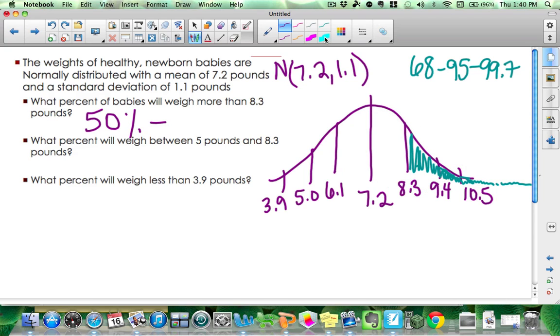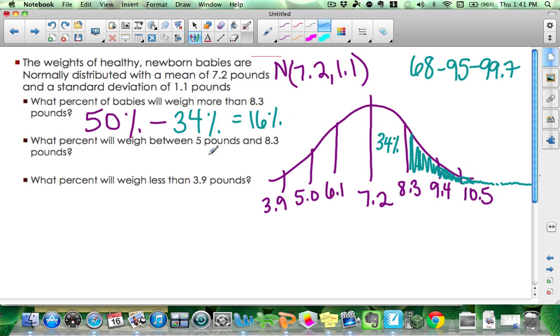And I'm going to subtract just this part, which is going to leave me everything that I shaded in over here. Now, in the previous problem, we found that going out 1 standard deviation in one direction is half of 68. So this should be 34%. So 50% minus 34% leaves me with 16%.